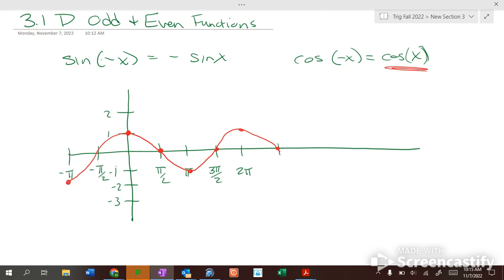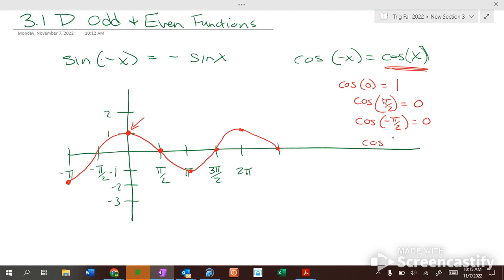Okay, so let's look at some things. What's the cosine of 0 radians? That's 1 up here, right? What's the cosine of pi over 2 radians? That equals 0. What about the cosine of negative pi over 2? That's also 0. So the cosine of positive pi over 2 is the same as the cosine of the negative one.